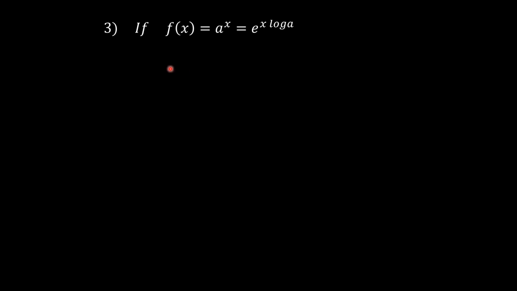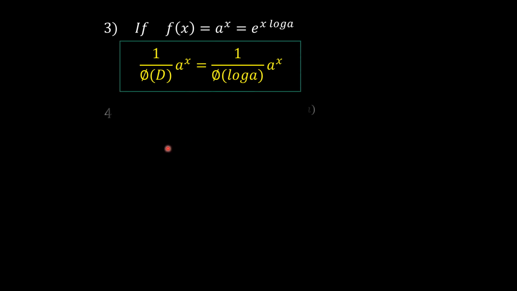Therefore, the particular integral will be 1 upon phi of d of a raised to x is equal to 1 upon phi of, now we have to replace this d by the coefficient of x in the exponential function. In this case, here it is log of a. So we have replaced d by log a and we got the particular integral as 1 upon phi of log a into a raised to x.